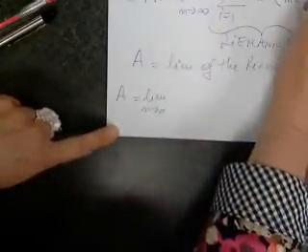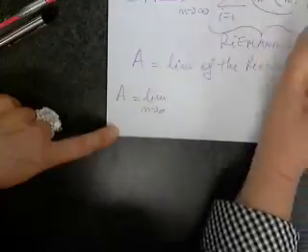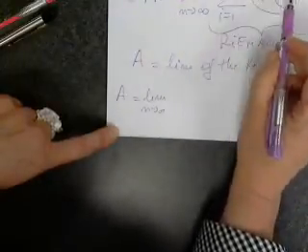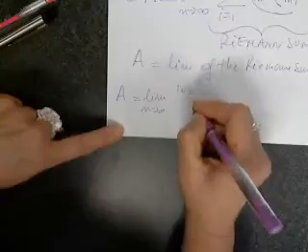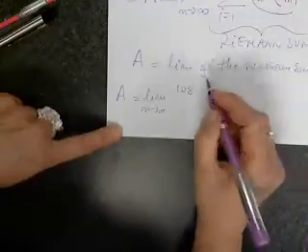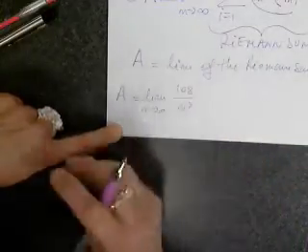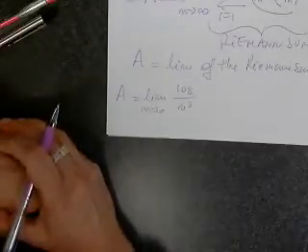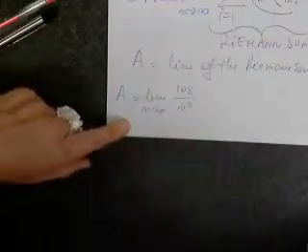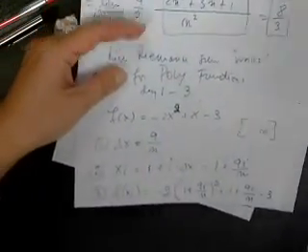So I'm going to take this outside, and what do I get? Is it 108 over n cubed? How do you know that you can do that? Very good question, because of what we discussed.